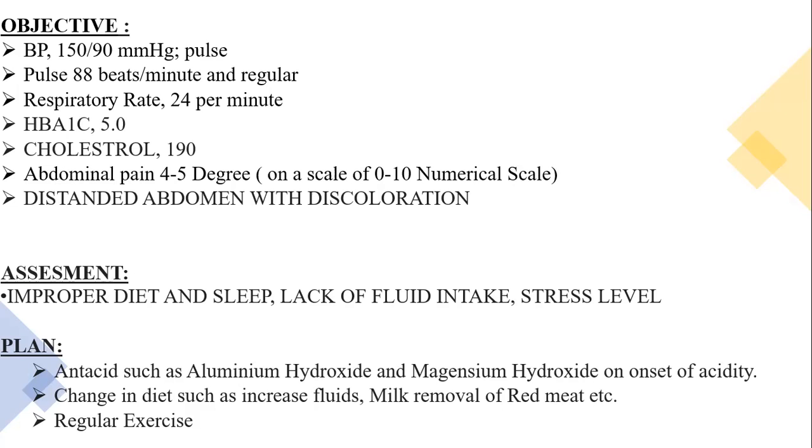The second plan is non-pharmacological: we will prescribe regular exercise to decrease his weight, and a change in diet by referring him to a nutritionist, with suggestions such as increasing fluid intake and milk, and decreasing spicy diets and the intake of red meat, which usually causes acidity.